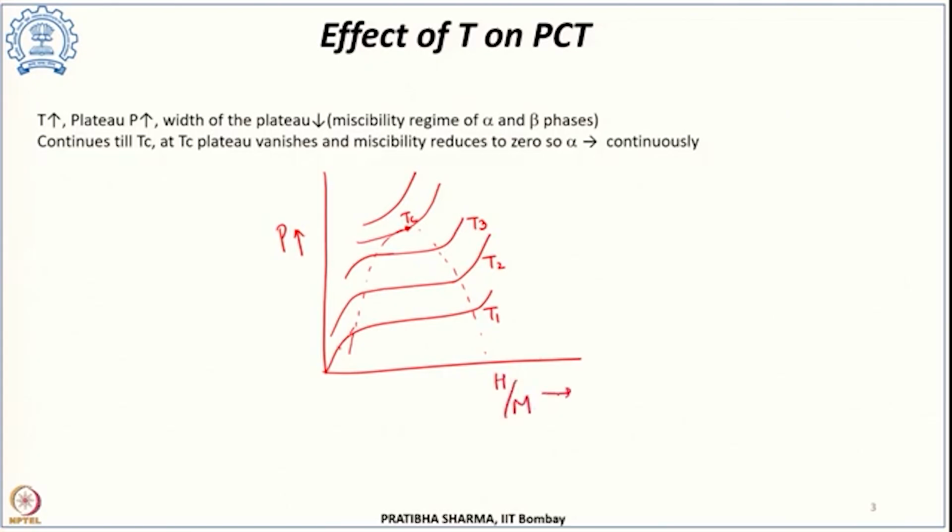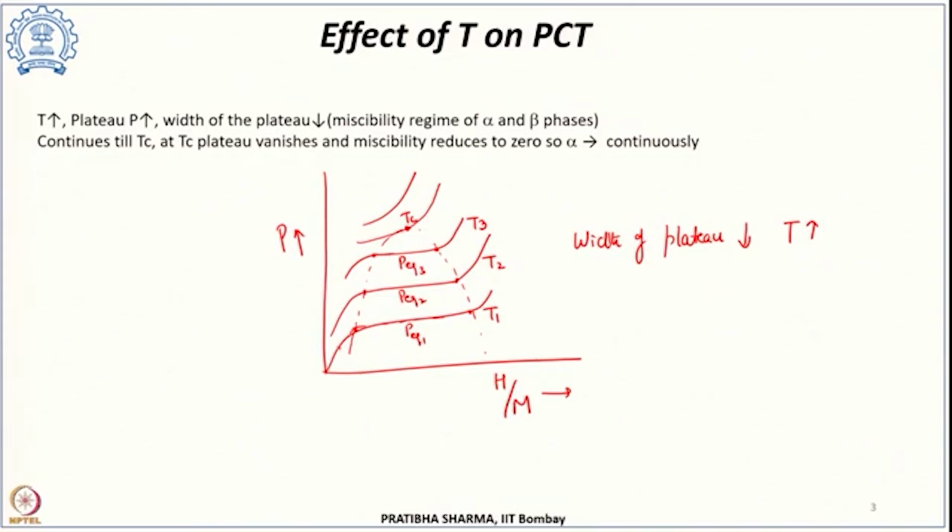Now we can see that as the temperature increases, this equilibrium pressure also increases, and the width of the plateau is reducing. So the width of the plateau region also decreases as the temperature increases.